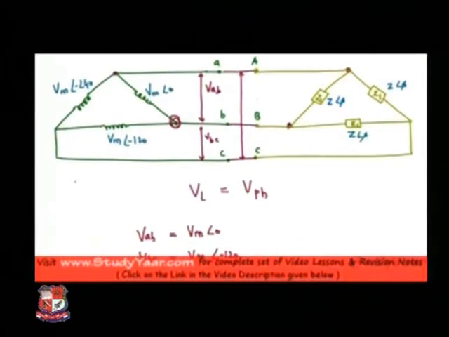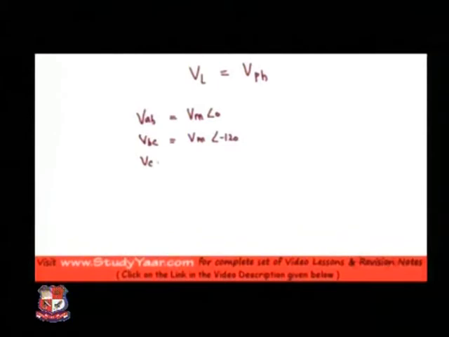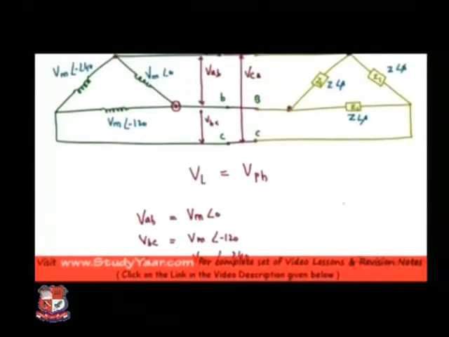And my VCA is between this point, which is my point C, and this point, so it is Vm angle minus 240. So VCA is equal to Vm angle minus 240. I have my line and phase quantities in terms of voltage right now, and they are all equal.